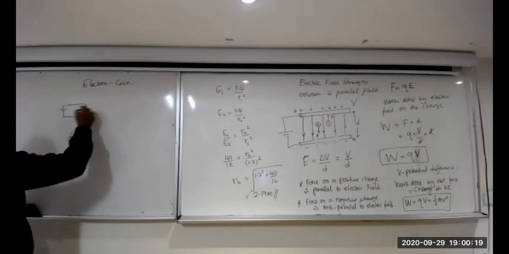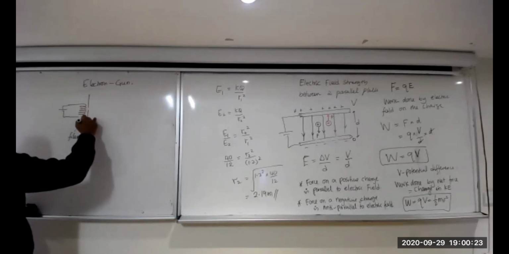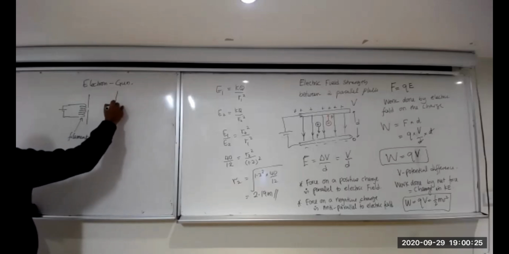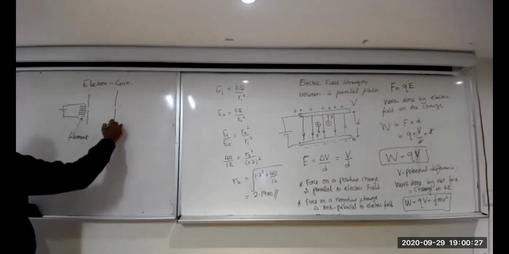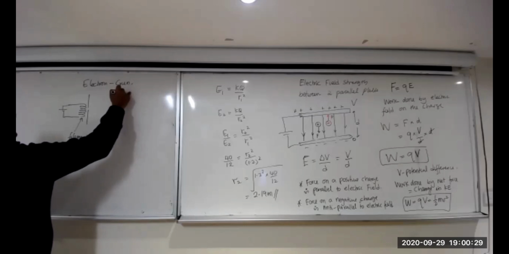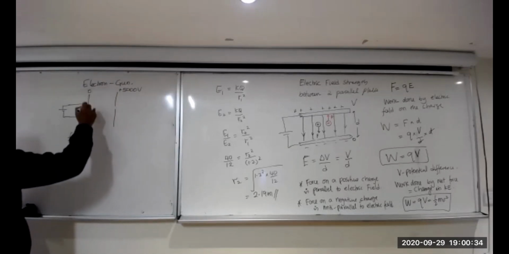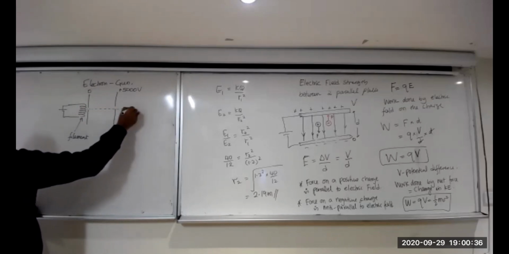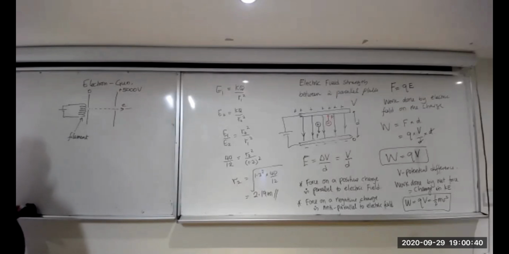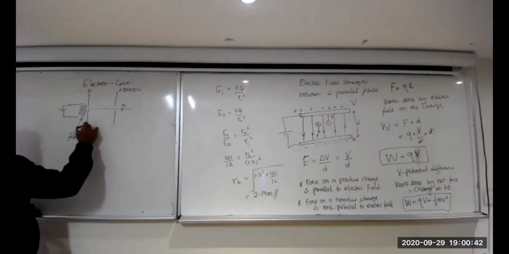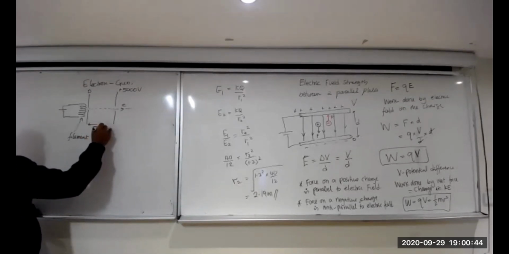Electrons are shooting out, and then you put a very high voltage here so the electron can go through it. Let's say this is 5,000 volts. This is 0 volts. The electron comes in, speeds up, and goes through it. The gap is about 5 centimeters.